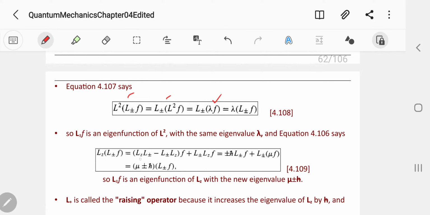This is equal to Lz L plus minus minus L plus Lz f. These two can be cancelled or can be added. They're just equal to 0. So this one here is plus minus h bar L plus minus f plus L plus minus mu f, as found here.